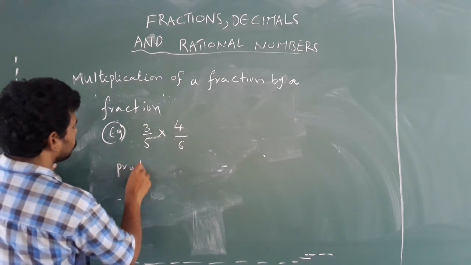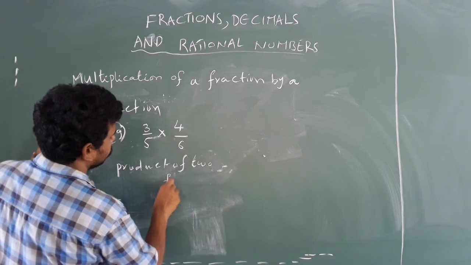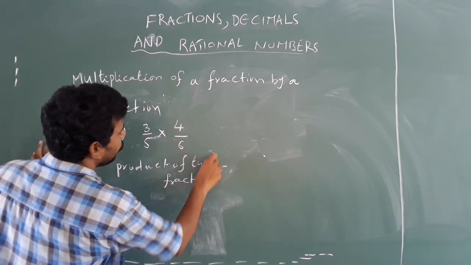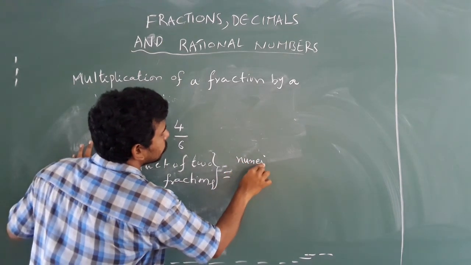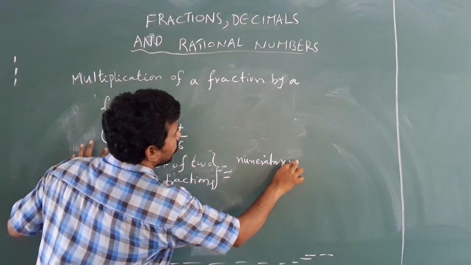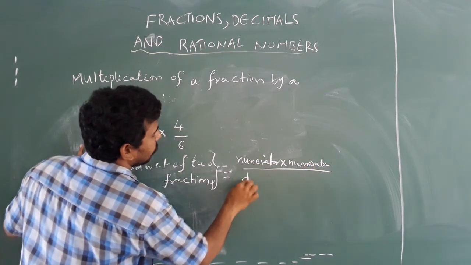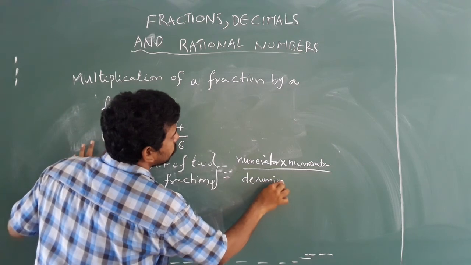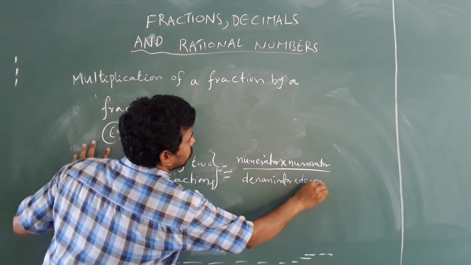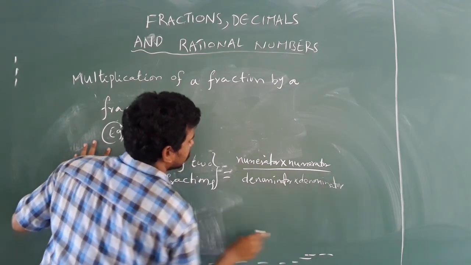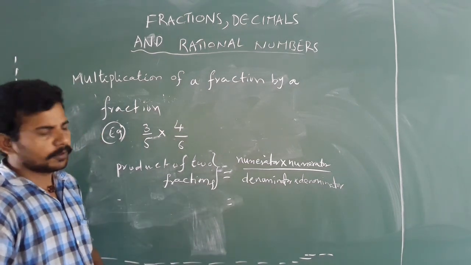Product of two fractions equals numerator into numerator by denominator into denominator.